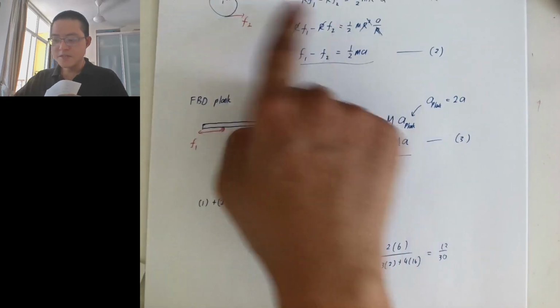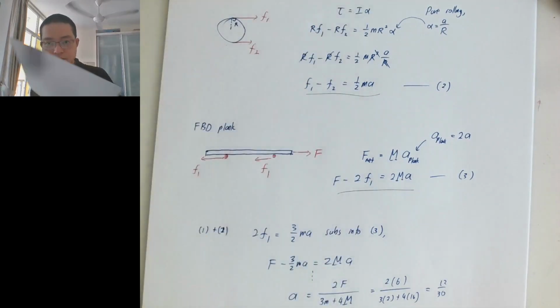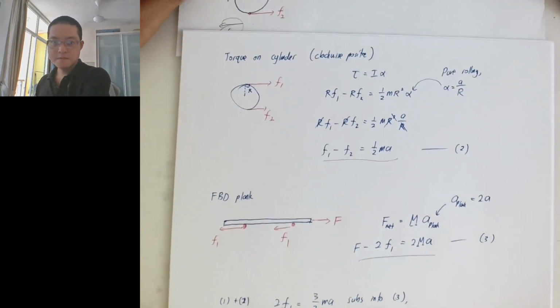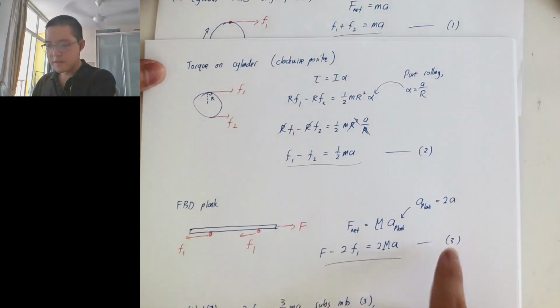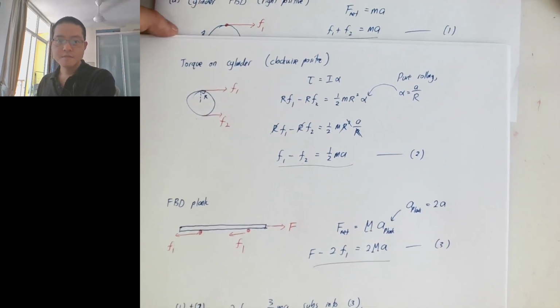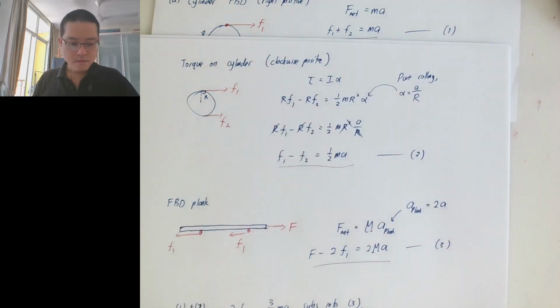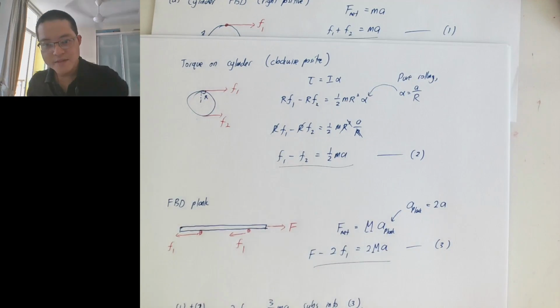So we just treat this as equations, and then we solve the equations and get F1, F2. So equation 1, 2, and 3. Need to observe from the motion. That's why I bring all this thing to show you, like this thing.